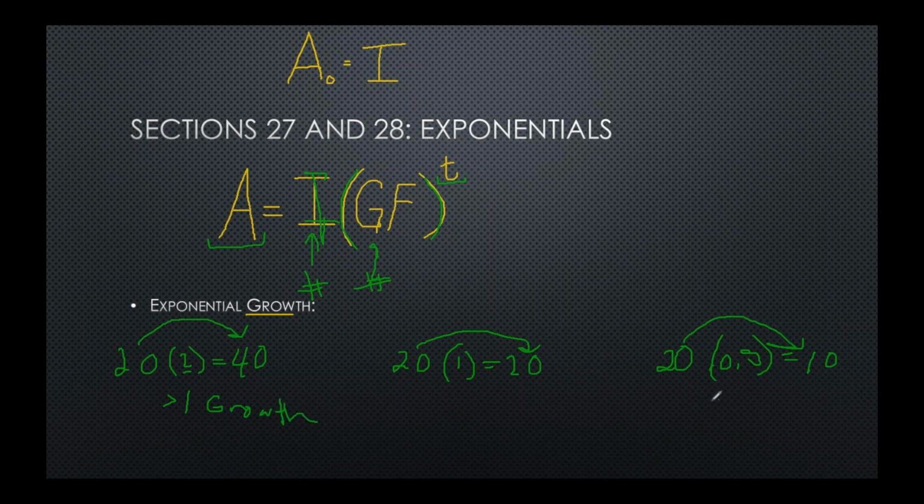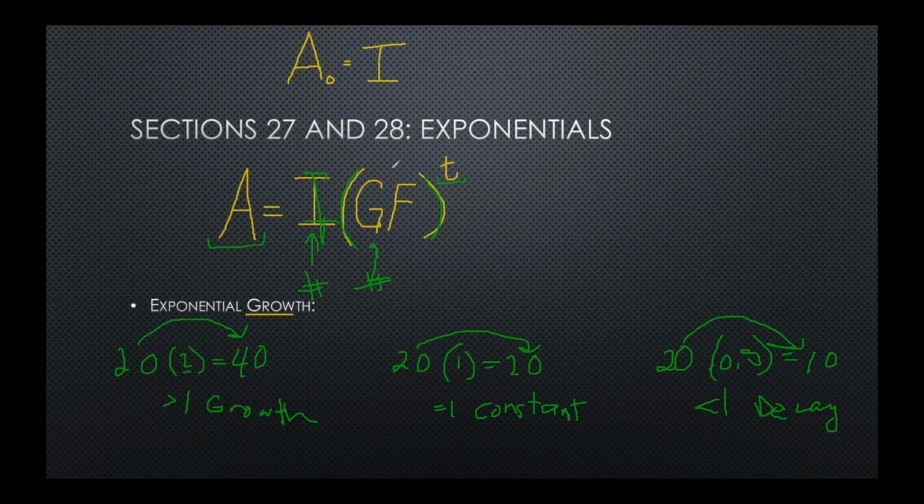If the number is less than 1, then we have decay, or a decrease. And if the number is equal to 1, then we remain constant because 20 equals 20. So when you're looking at these, if you know you have growth, you know the number inside the parentheses must be bigger than 1.